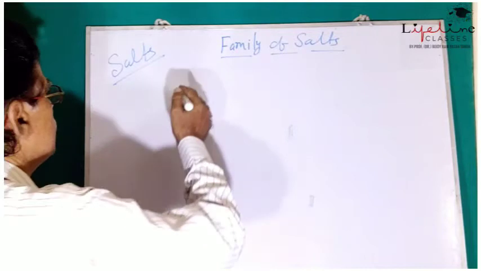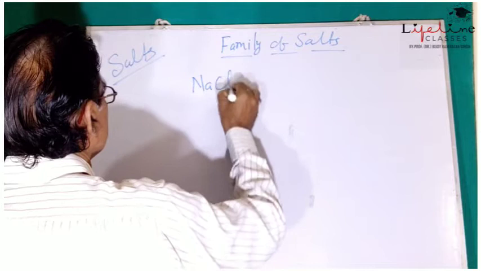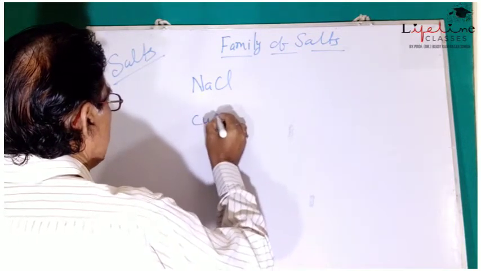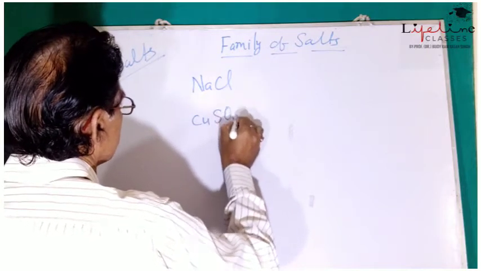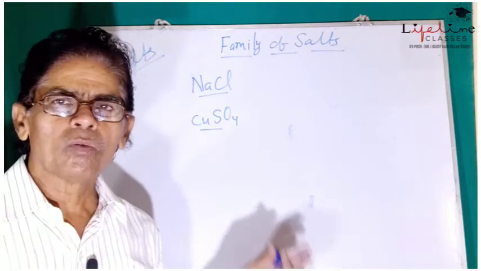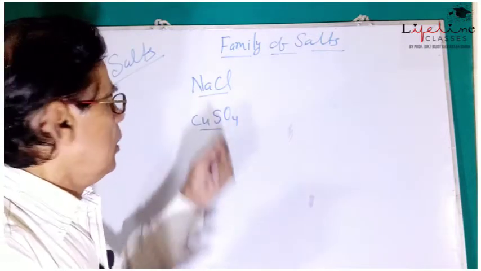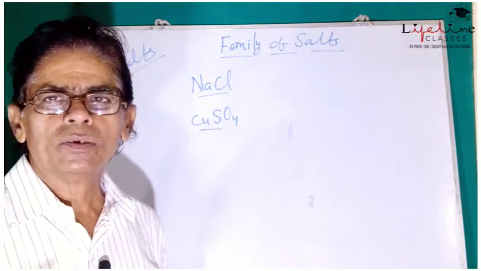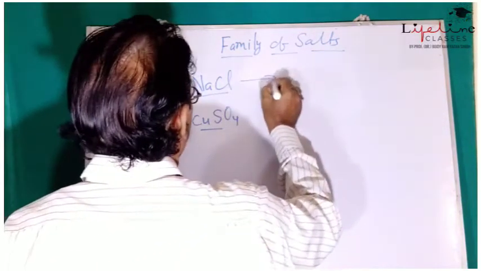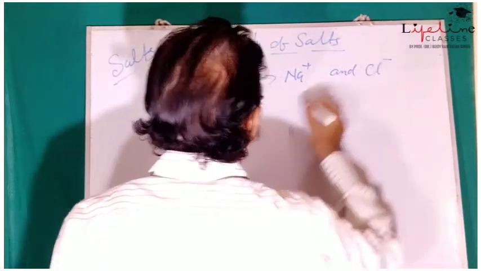See here, you know the molecular formula of NaCl or, say, copper sulfate. These are the molecular formulas of salts. Now NaCl contains two constituents, that is Na+ and Cl-.